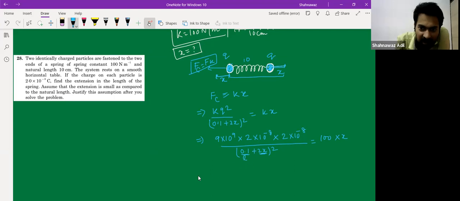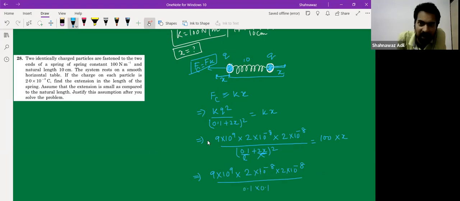So we have only 9 into 9 into 10 to the power 9, and this is 0.1 squared, so 0.1 and 0.1. 100 into 0.01, so this cancels.